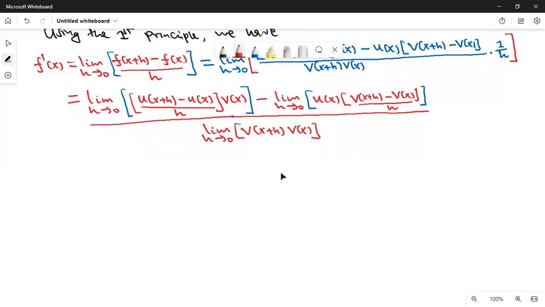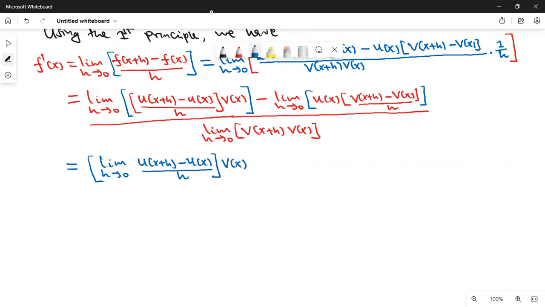And I told you that anything that does not depend on h, you can factor it out. So we can write this as the limit as h approaches 0 of u of x plus h minus u of x, the whole of this divided by h, then times v of x.